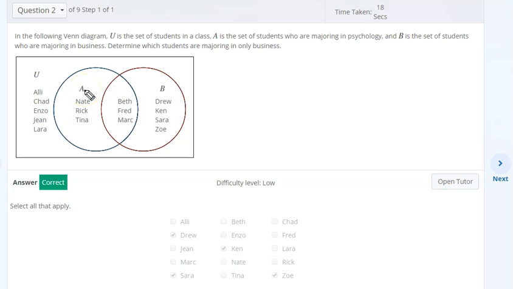Here, these students are only in A. These students are only in B, while these students are in both A and B. And these students are those that are not in A or B. So they're asking, determine which students are majoring in only business. So it would be these 4 students that you check off, and this was a rather easy one. All right, let's go on.